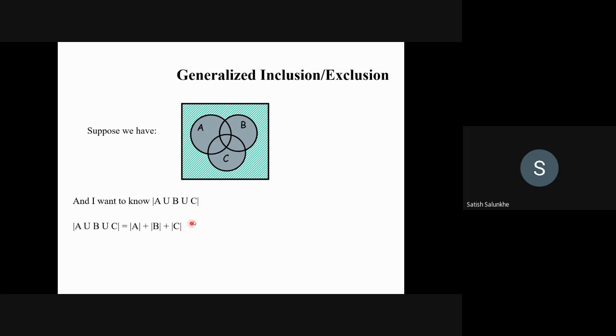That is minus the cardinality of A intersection C, because it is already counted twice. Similarly, we eliminate B intersection C because it is already counted.